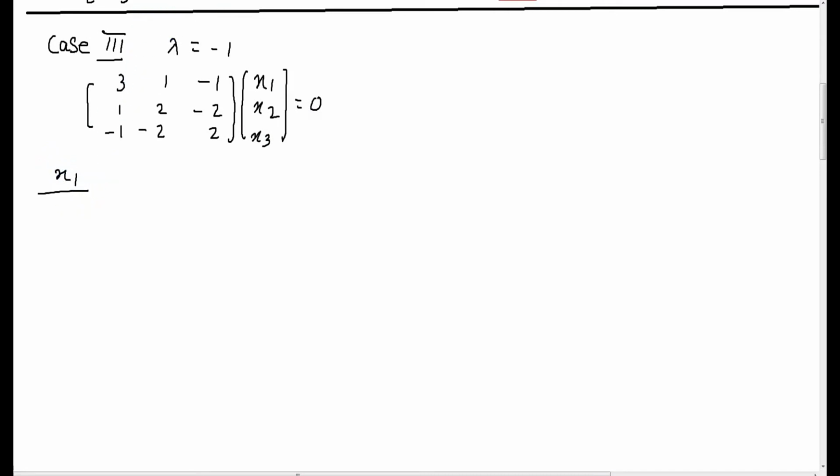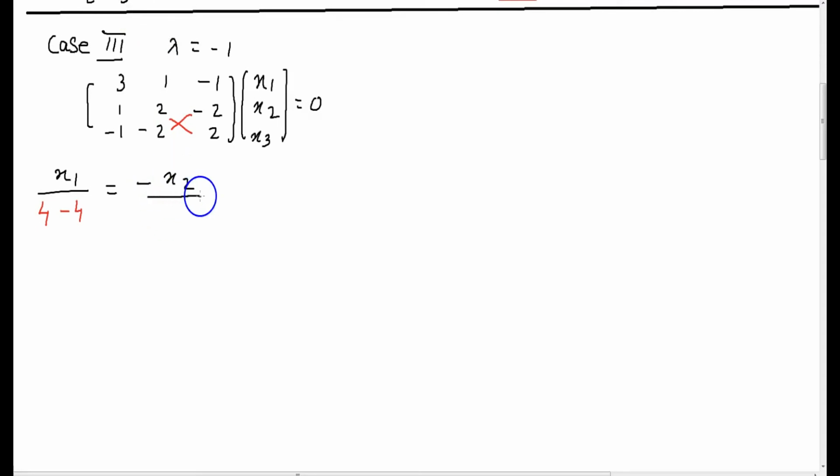x1 by minor of a11. Here minor of a11 is 2 minus 2 minus 2, 2, and cross multiplying we get 4 minus 4 equal to minus x2 by minor of a12.